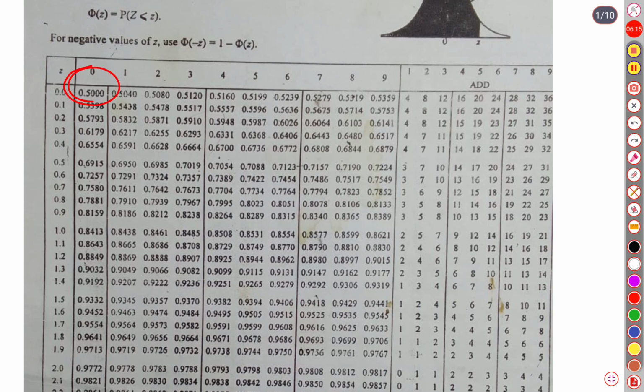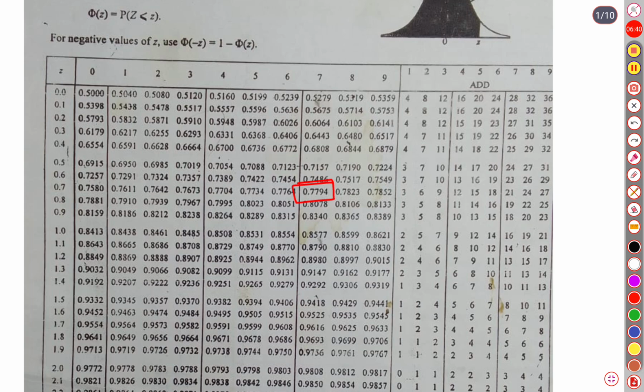The minimum value given in the table is 0.5, so it is more than half. Always we will look for the greater part, so we will find the greater part of our probability, 0.78. And for 0.78, the closest value is 0.7794.